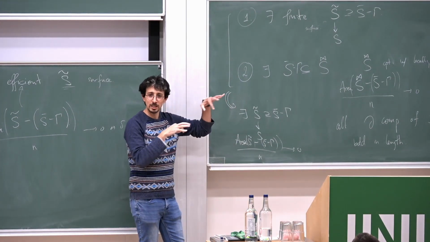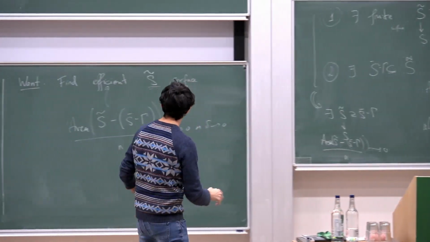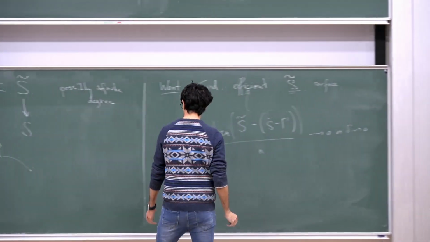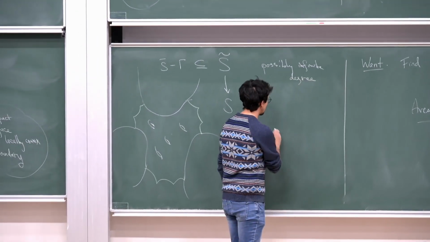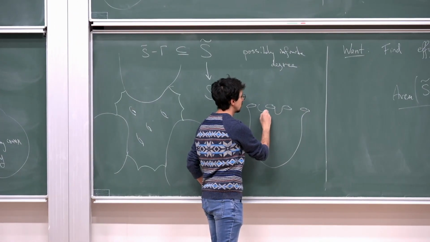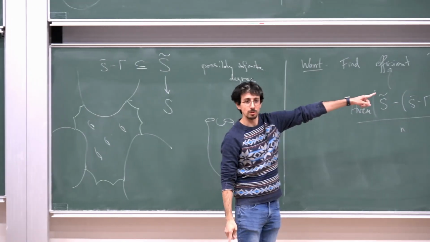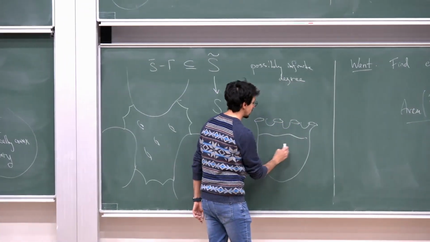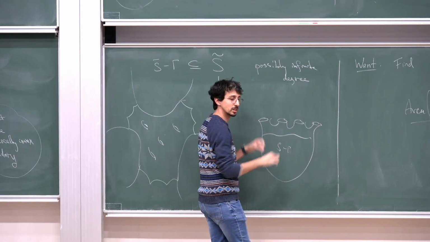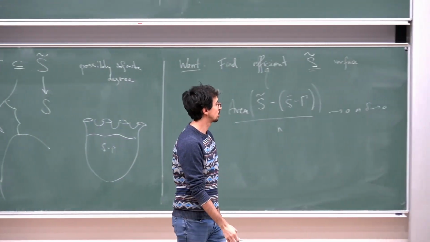Okay, so somehow combine the two, and the idea is not that difficult. You think of your surface with short boundary components, right? This is what 2 gives you: I've been able to embed my S bar minus gamma into something slightly bigger with bounded length boundary components.